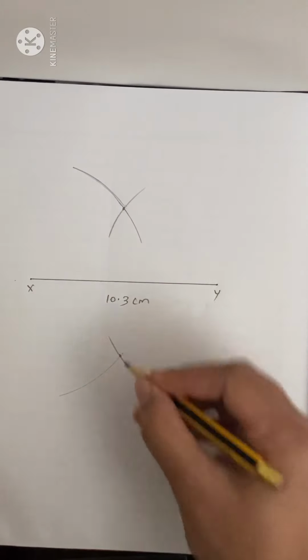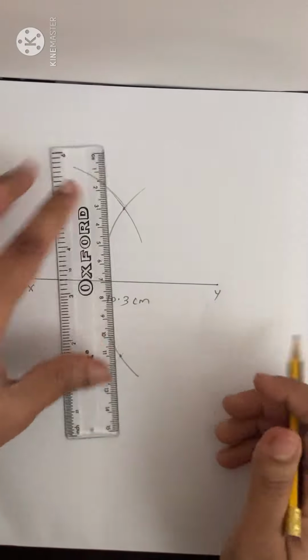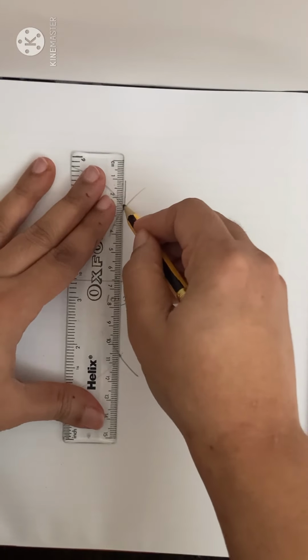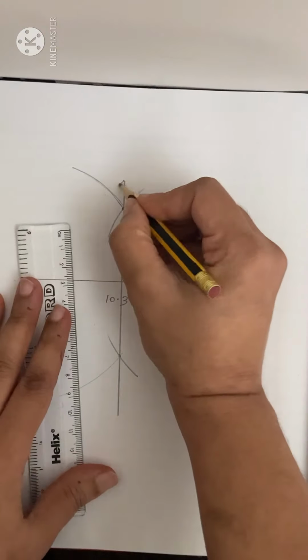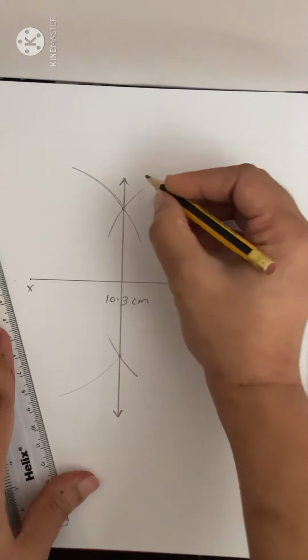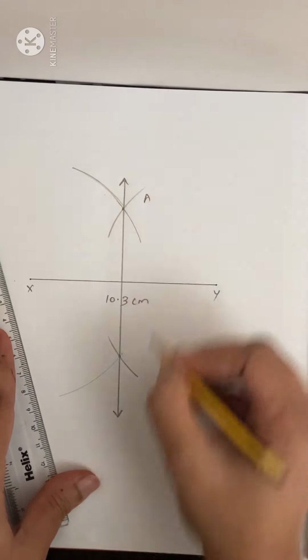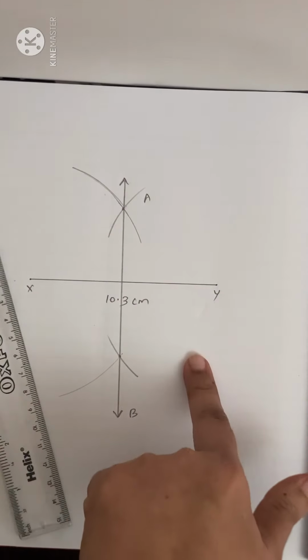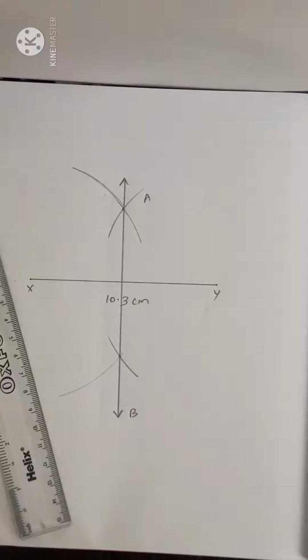Join the points. You will get the perpendicular bisector of XY. Let it be AB. So AB is the perpendicular bisector of XY.